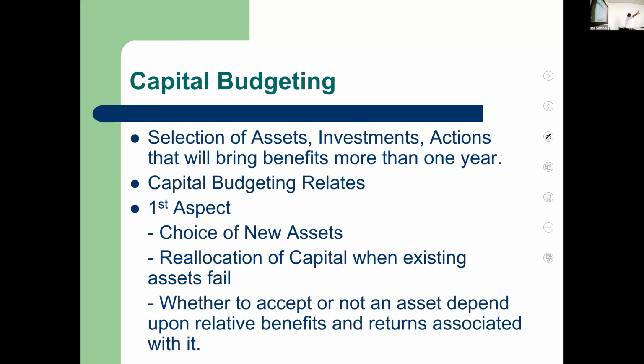You need to select the asset, and if that asset fails, you need to reallocate that investment to some other asset. So whether to accept an asset or not depends on its benefits and the returns associated with it.